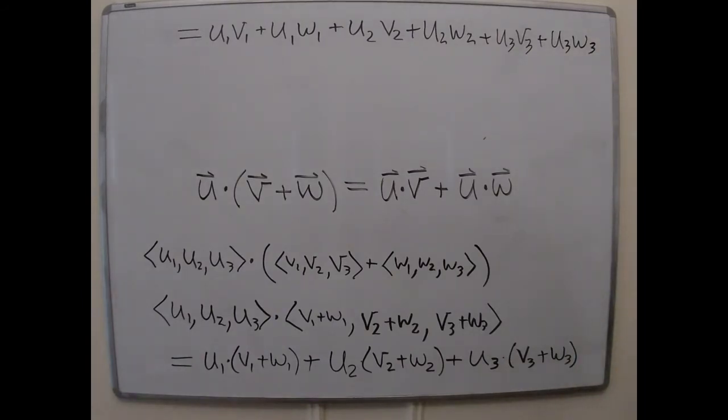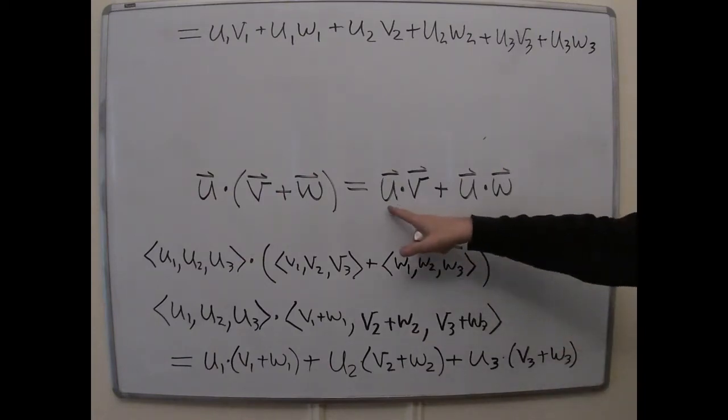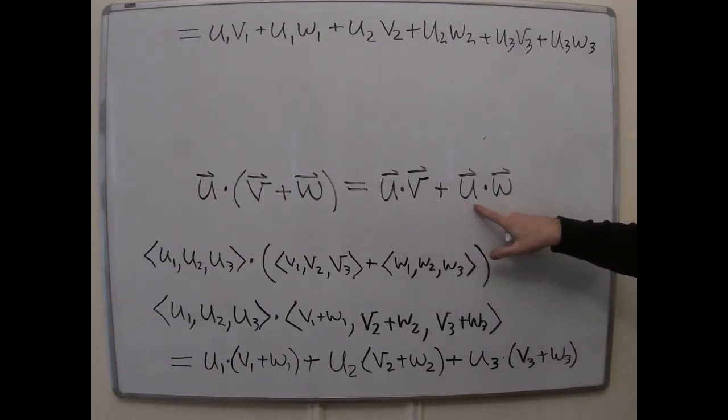One, two, three, four, five, six numbers all multiplied together, and I'm hoping it looks like this: U dotted with V and U dotted with W.